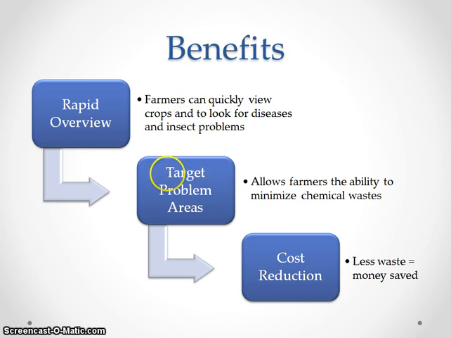and see what problems there are. So that leads us on to our next one, where we can actually target specific problem areas. If you're flying over in a drone, you can actually see if there's a few square feet, or maybe half an acre, of your crops that isn't doing so well, that you otherwise wouldn't be able to see, and you'd just have to spray the whole field for fertilizer or insecticide instead of just that one target area.